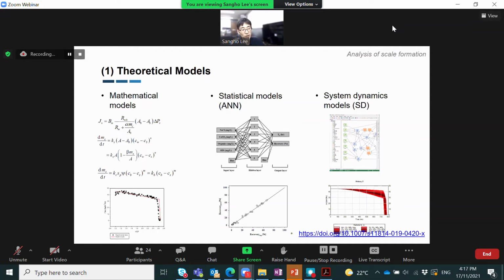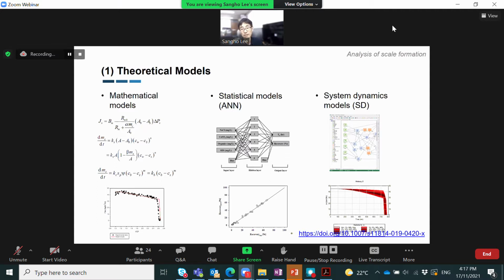As for the theoretical models, I have developed and applied three different types of models. The first one is a mathematical model that considers two different crystallization mechanisms, and by solving the equations, we can predict the flux decline as a function of time or concentration factor.